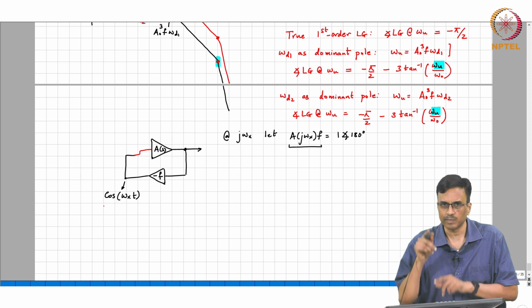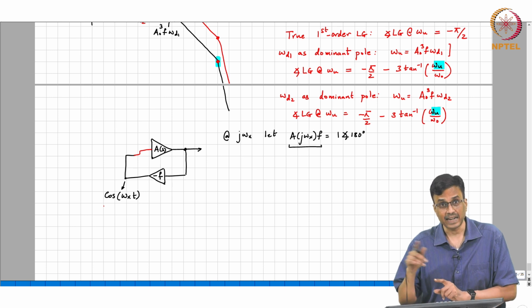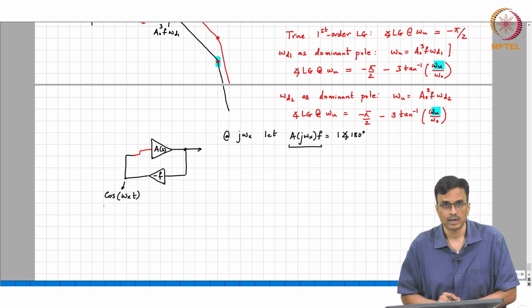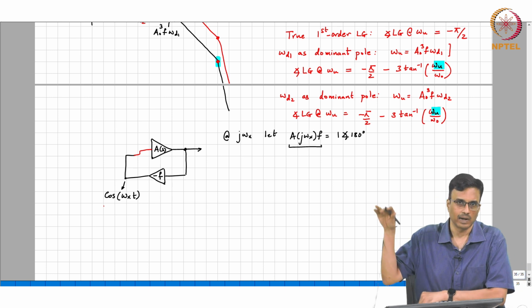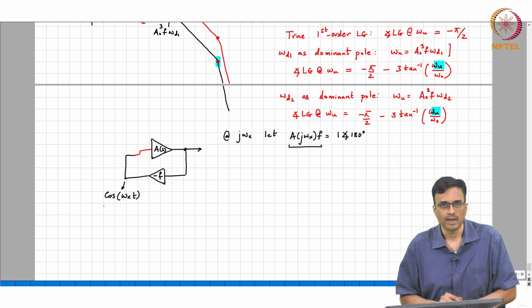So this basically means that there are poles on the j omega axis. If there were poles in the right half S plane, what do you think will happen? It will go on increasing exponentially until in practice something saturates. So this is the meaning of the system becoming unstable if the angle of the loop gain becomes 1 angle 180 degrees.